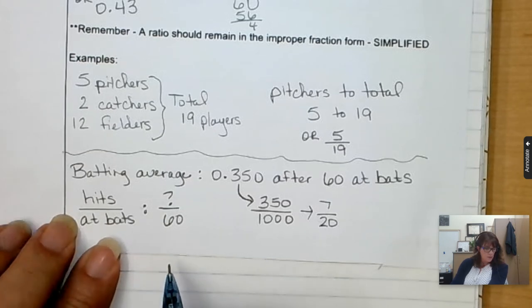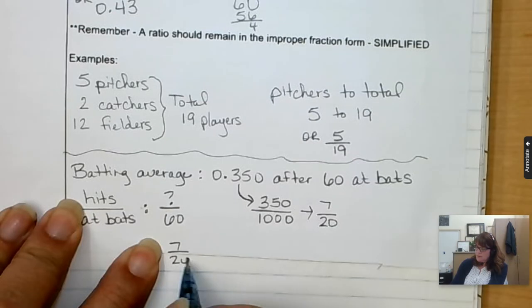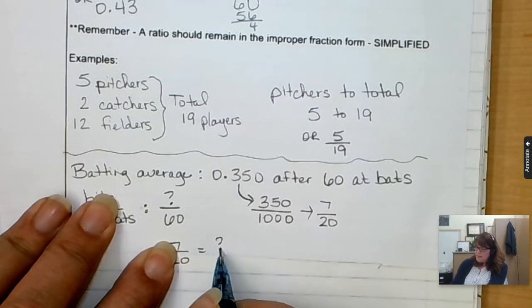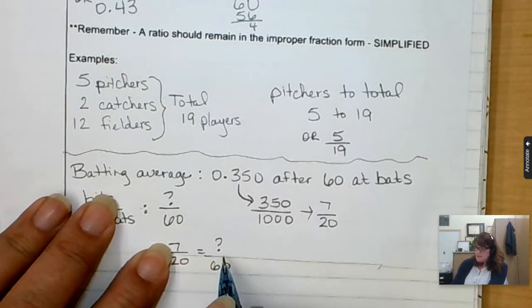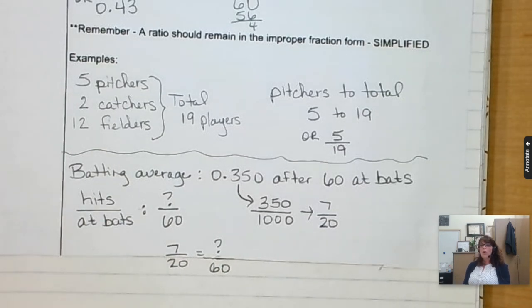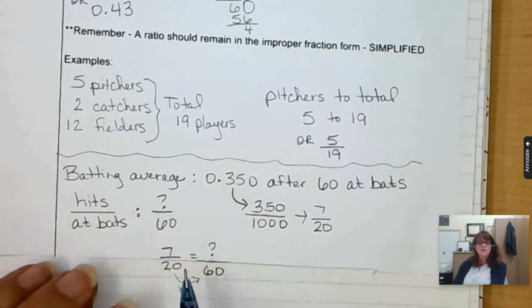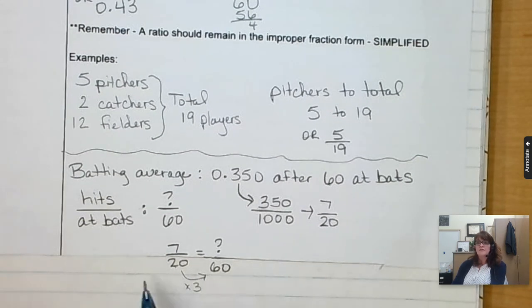7/20 equals how many 60ths? Oh, I see it now. To get from 20 to 60, I'd multiply by 3. And we're always looking for multiple or divisible.